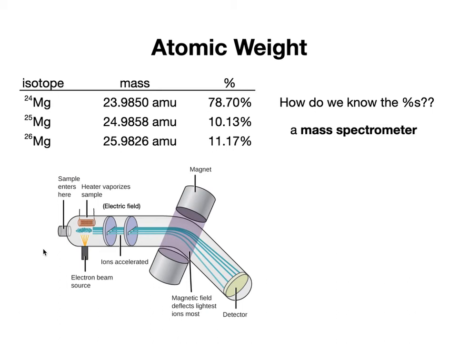So class, you remember the makeup of an atom? You have the protons and the neutrons in the nucleus, and then somewhere outside the nucleus you have the electrons, right? Well, there are several ways that you can ionize a sample. One way is just hitting it with some energy.